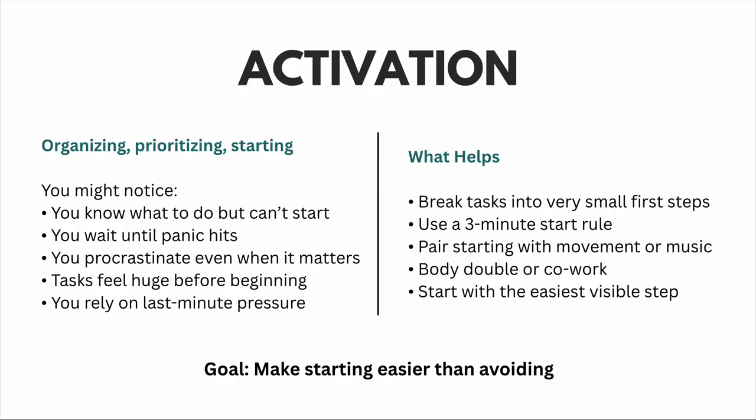Use timers, right? A 3-minute start rule, so like in 3 minutes I'm going to actually do it. Set alarms. I always say with executive dysfunction, trust yourself, not trusting yourself that you're going to do it, trust yourself that you won't, because it's really just knowing yourself and being like, this is not going to work for me. So if you're like, oh, I'm going to set a 3-minute timer, okay, if I'm really real with me, that timer's gonna go off and I'm not gonna listen to it, right?